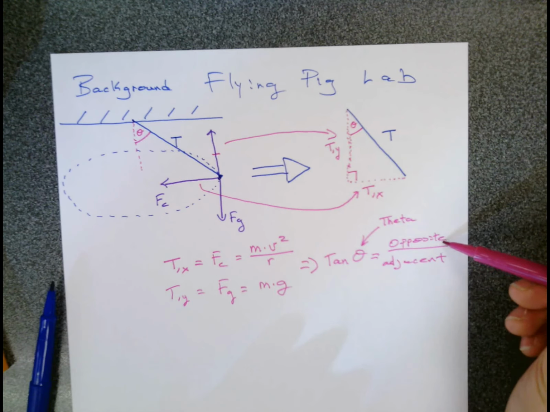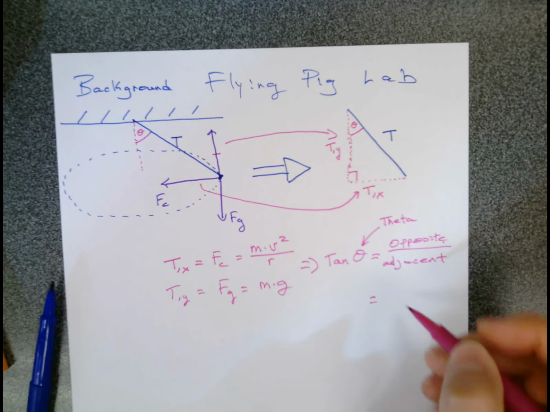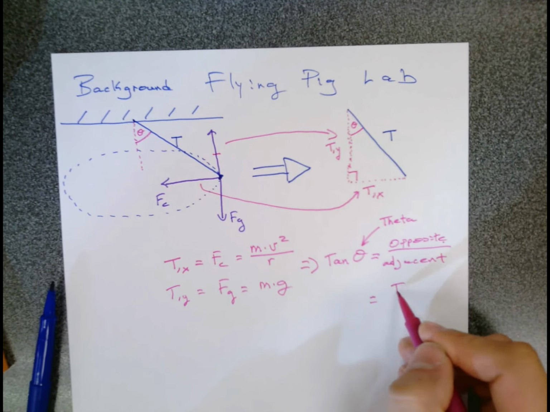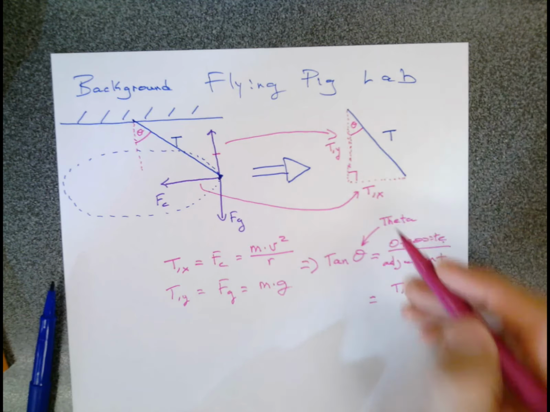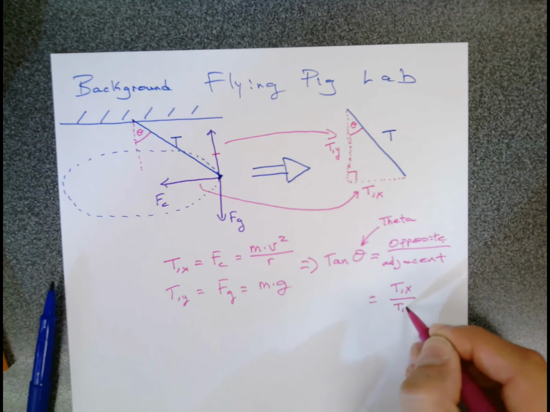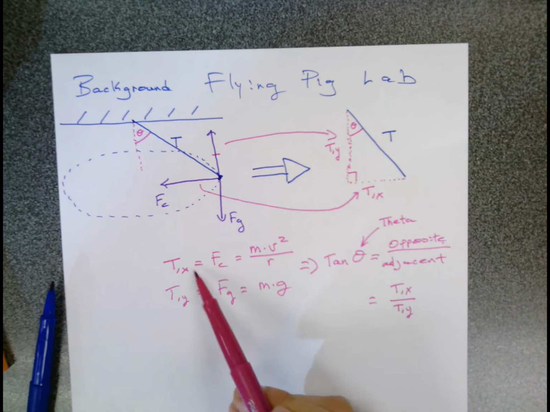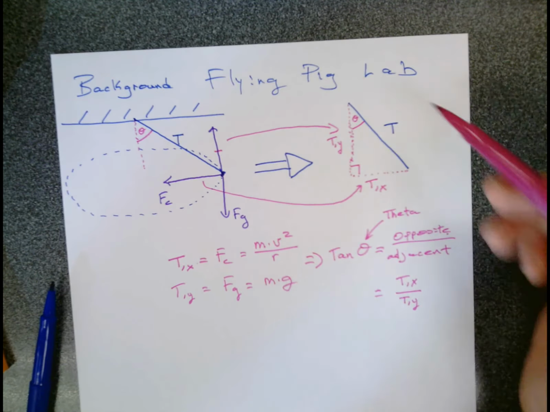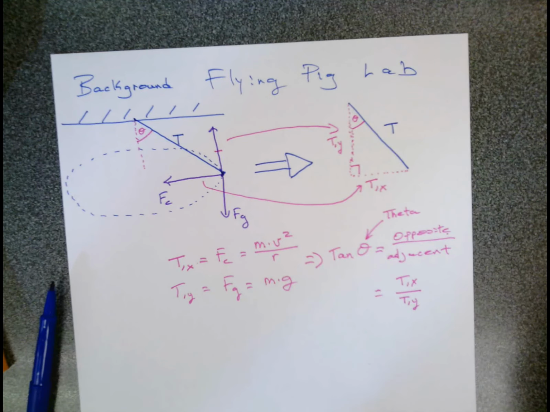So what is the opposite side length of that triangle? The opposite side length is Tx. And what is the adjacent side length? The adjacent side length is Ty. We were able to find Tx and Ty by looking at what forces were involved in this free body diagram.